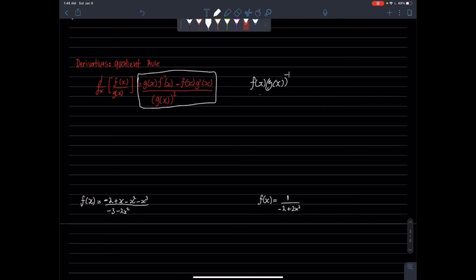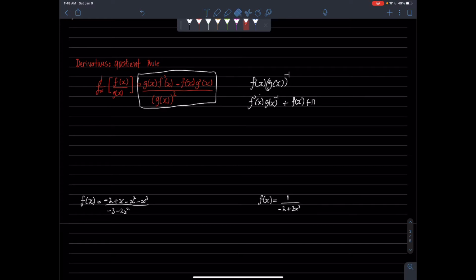Actually, we can do it right here. So first we'd have f prime of x times g of x to the -1, then plus f of x times -1. Actually, you need the chain rule to be able to do this, but I'll show you anyways. Once you learn the chain rule, you can understand it.